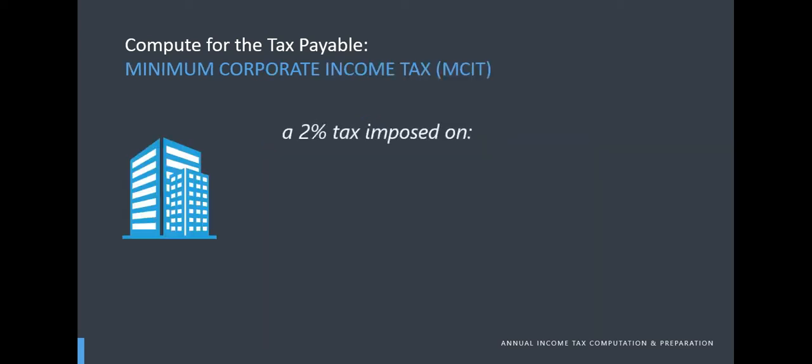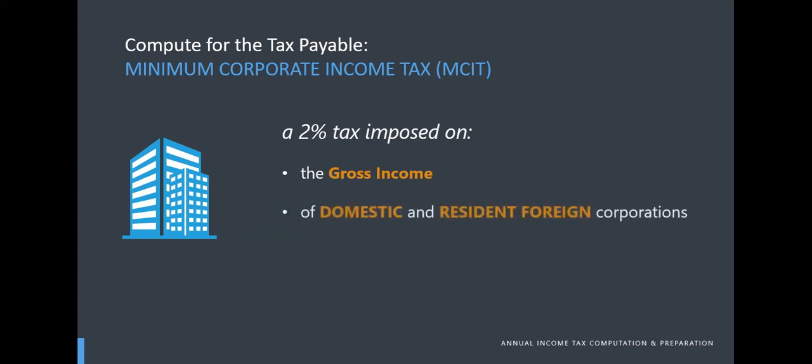So the minimum corporate income tax is a 2% tax imposed on the gross income. Gross income meaning sales less cost of sales plus other income. Of whom? Of the domestic and resident foreign corporations only.